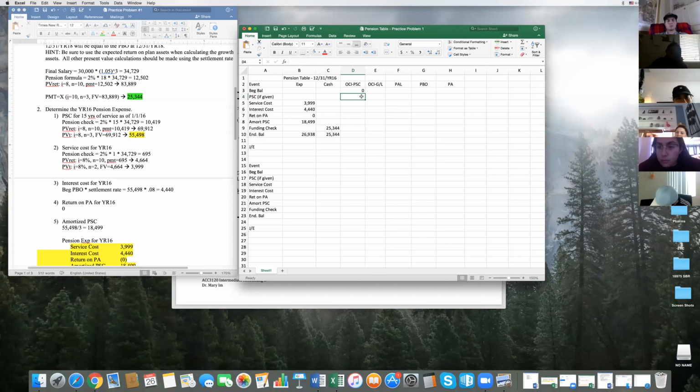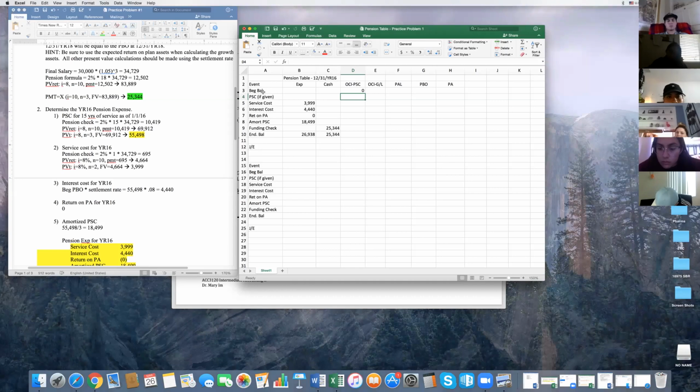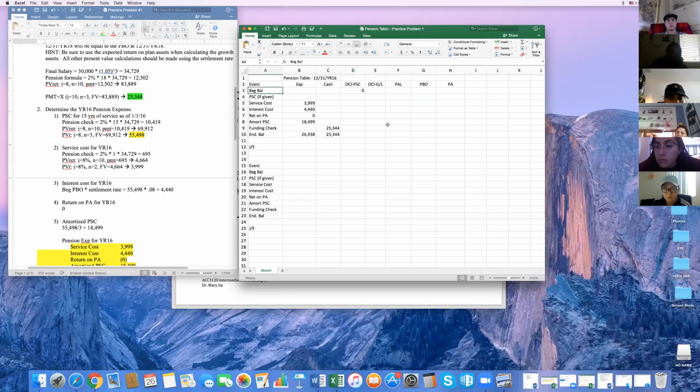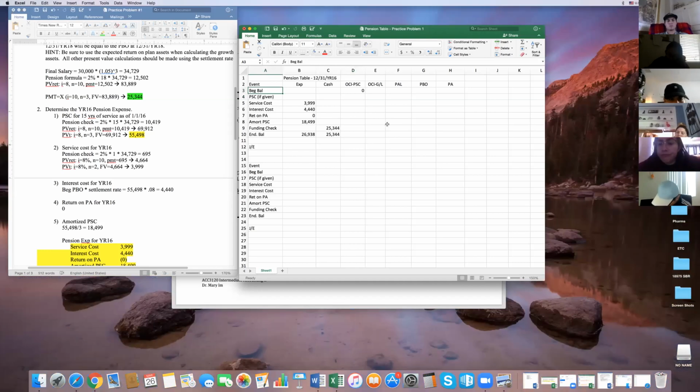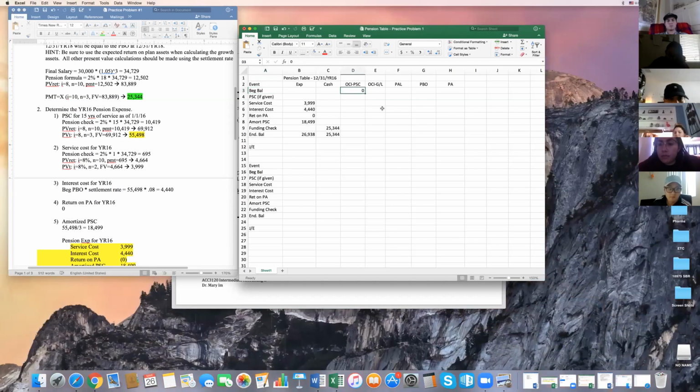So this beginning balance refers to whether we had any ending balance in the prior period. The answer to that question is no, therefore the beginning balance we will just put as 0.